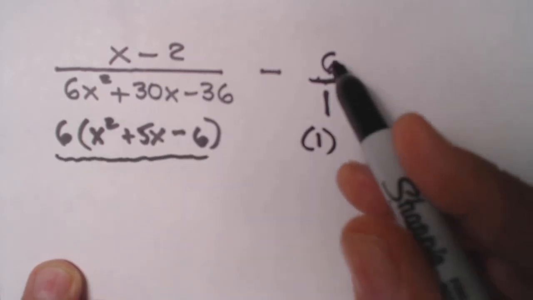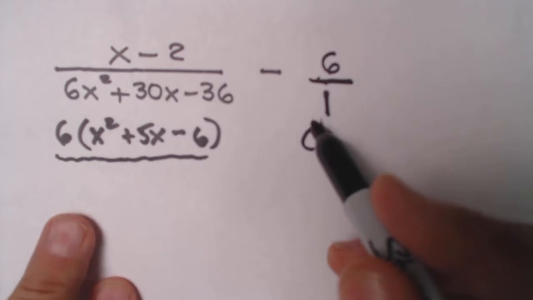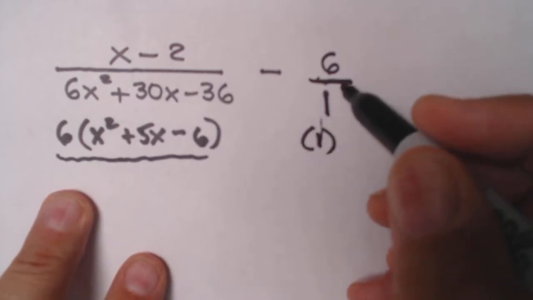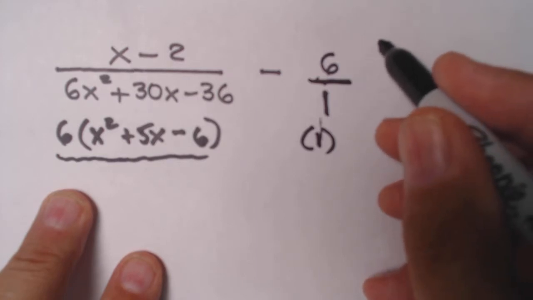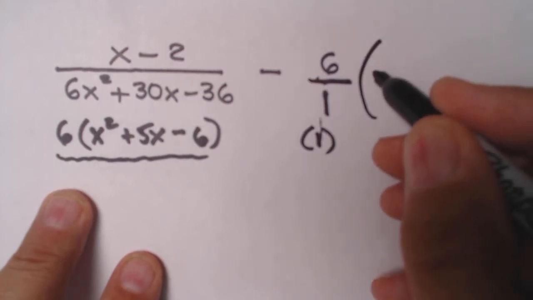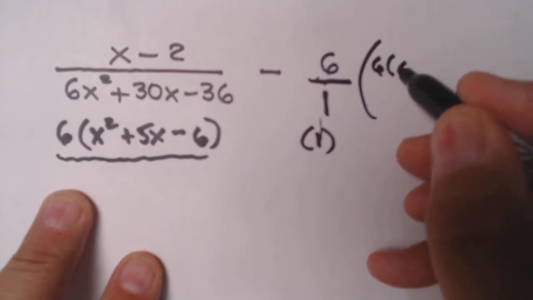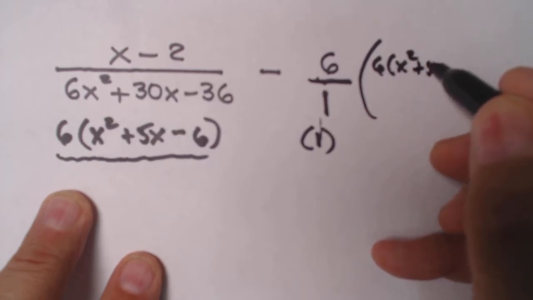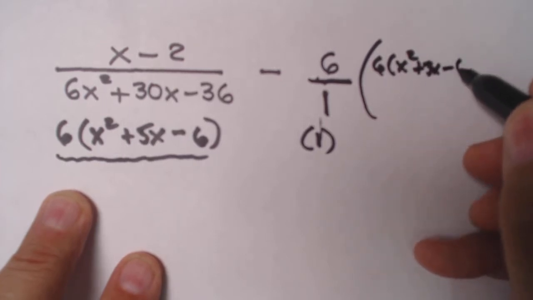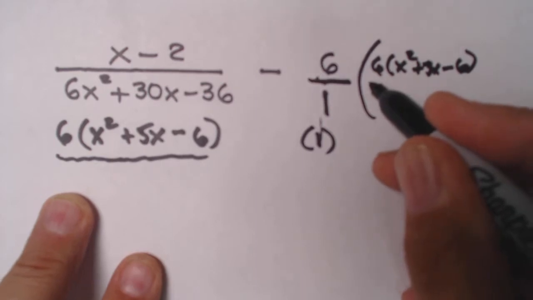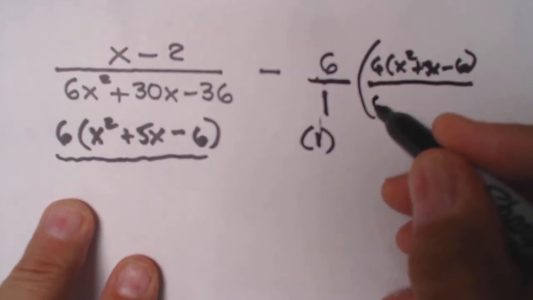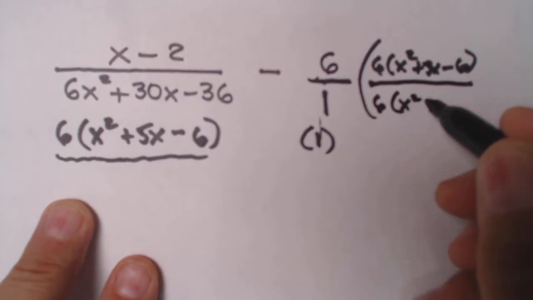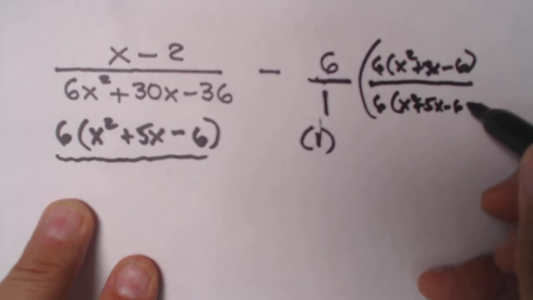Okay, so I got to convert this fraction to it. And what we can do in a case like this is simply multiply both top and bottom by that same guy, namely 6 times x squared plus 5x minus 6, and multiply the bottom by the same thing, 6 times x squared plus 5x minus 6.